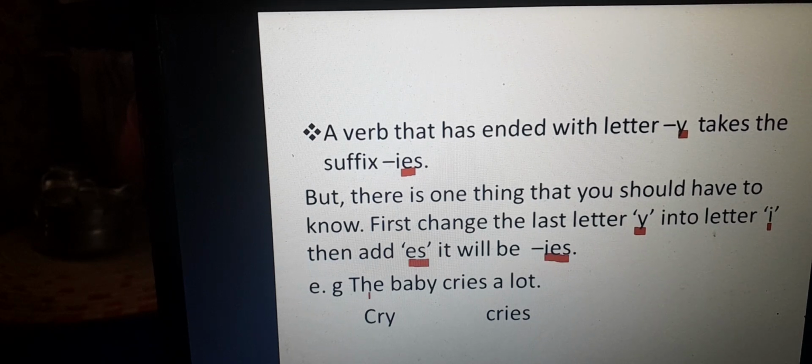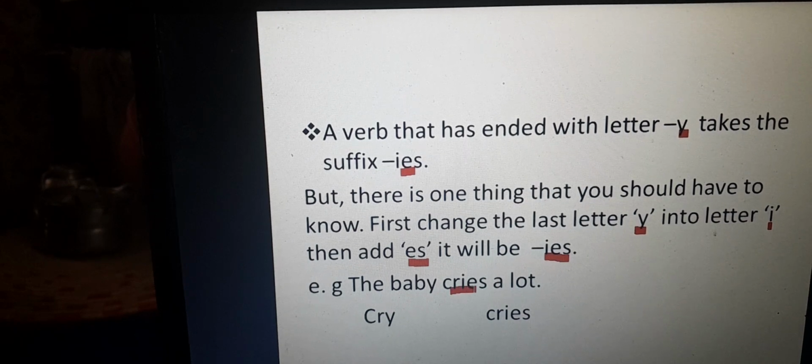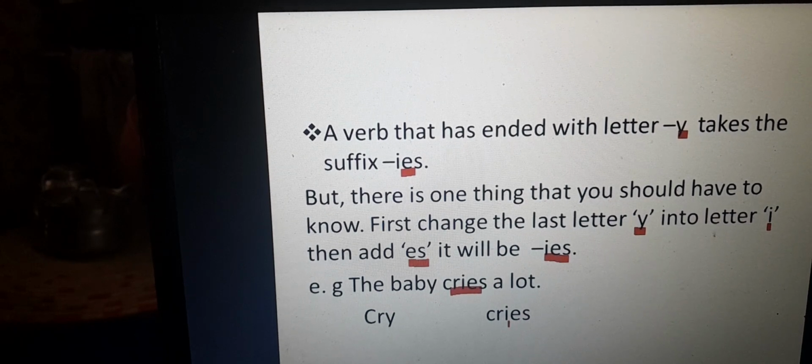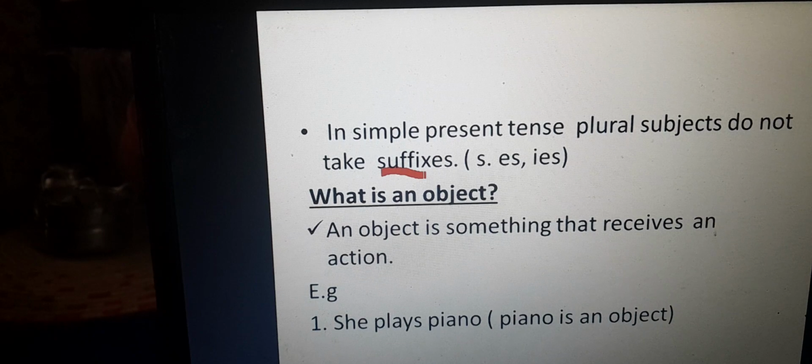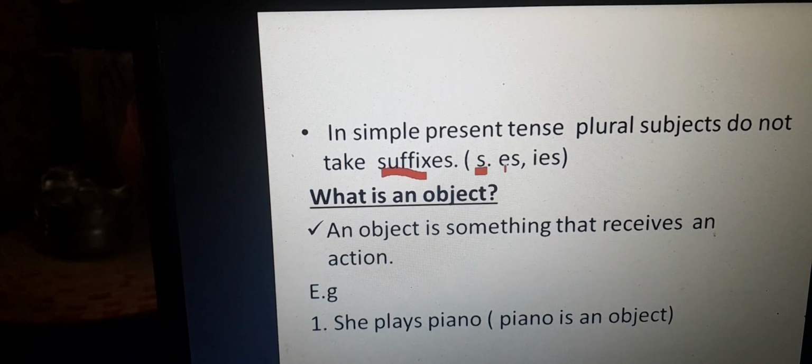So let's take a look at this example. The baby cries, okay? So cry has changed into cries because the baby is one person, or a singular subject. So for the singular subject, the verb also should be singular. So that is why we have said ies. And in the simple present tense, plural subjects do not take suffixes like s, es, and ies.